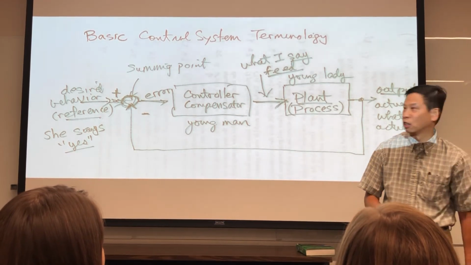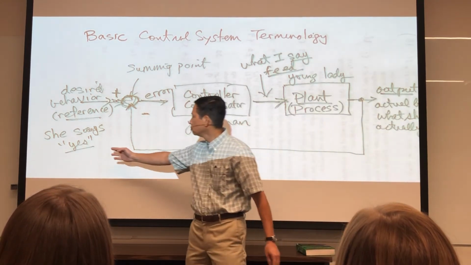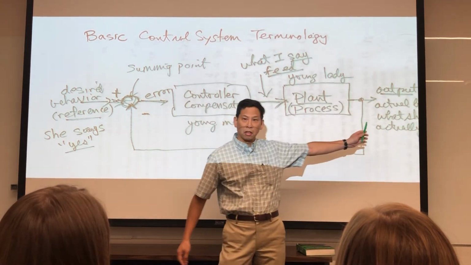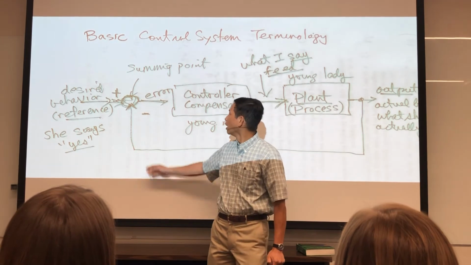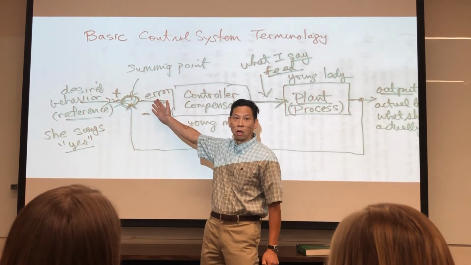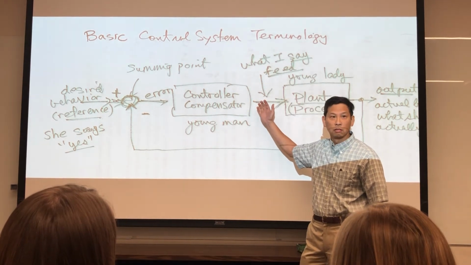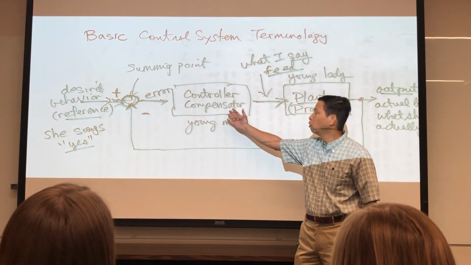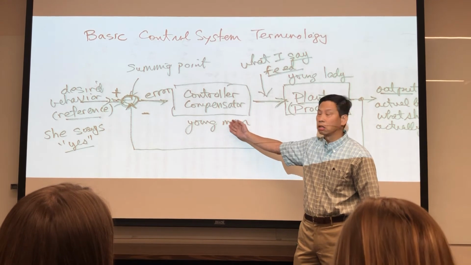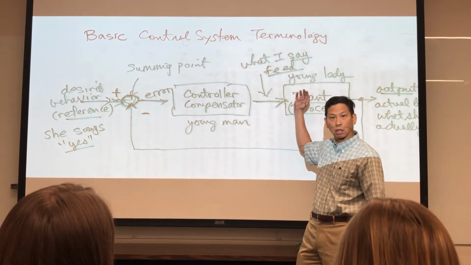So she wants to make the sale. They're usually going to say no. And so that's not what she wants. So she's going to compensate, and she's going to do something. Now, depending on who this person is, the control actions to the customers will be different.